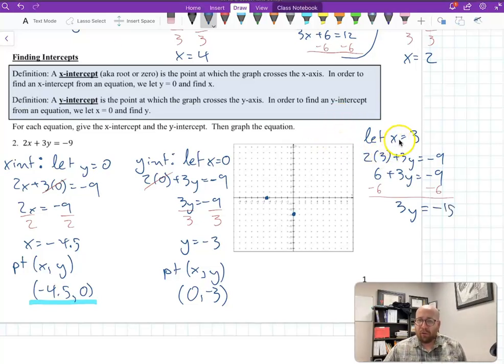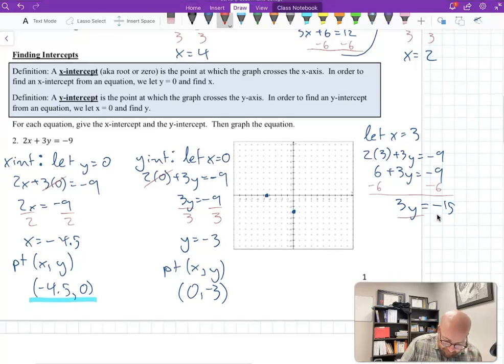The reason I chose x equal 3 is because I knew that by choosing 3, we would get a multiple of 6 right here, which is also a multiple of 3. You combine that with that negative 9, you get a negative 15, which is also a multiple of 3, so that when we divide, we get a nice integer, like negative 5.